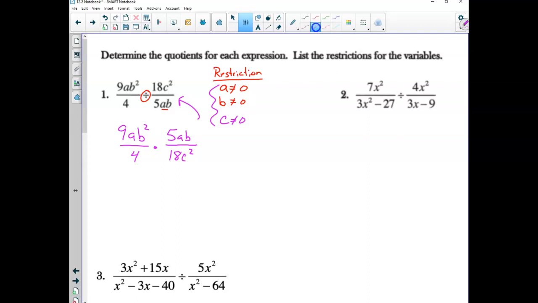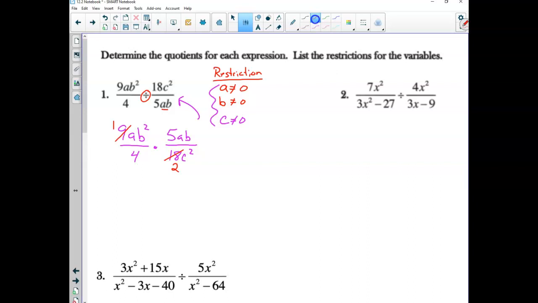Then I am going to reduce. And when I reduce, I'm like, well, however you want to do it, I see there's no C's in the top. This 18 will go to a 2. It'll turn that 9 into a 1. And this 4 does not reduce with the 1 or the 5.